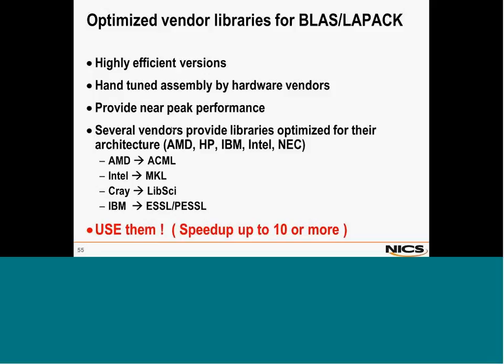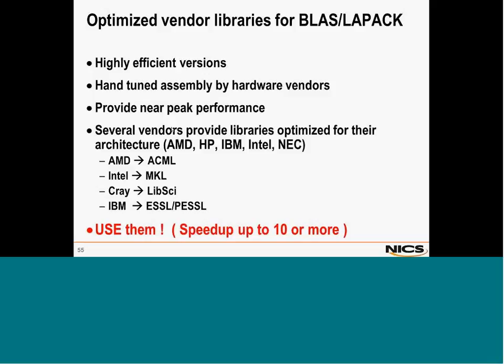Most of you want to use a machine, and most of the time the machine or your resource provider will have a recommendation of what the best libraries are for FFT and linear algebra. For example, on our Cray machine, we should probably use LibSci.